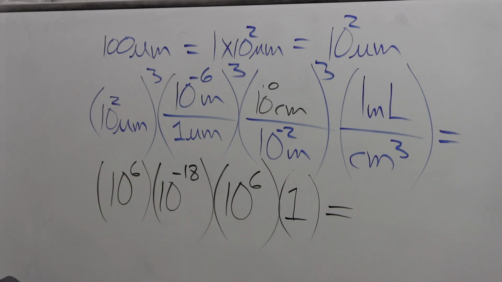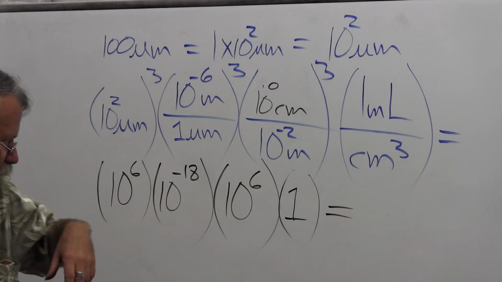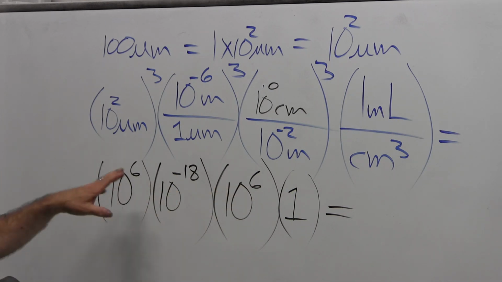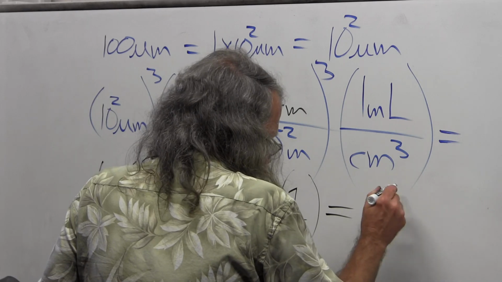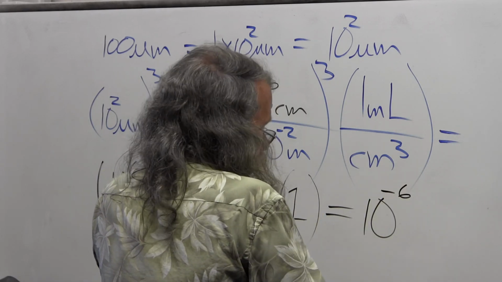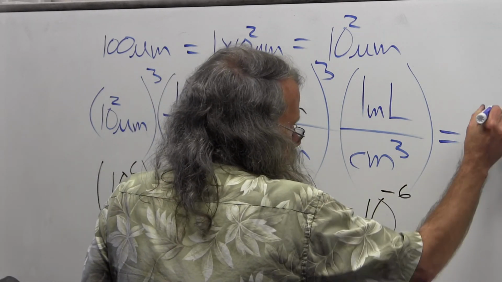Like I say all along, it all comes down to knowing when to add and when to multiply. So I add. 6 and 6 is 12. 12 minus 18 is 10 to the minus 6. So I can put that up there. 10 to the minus 6.